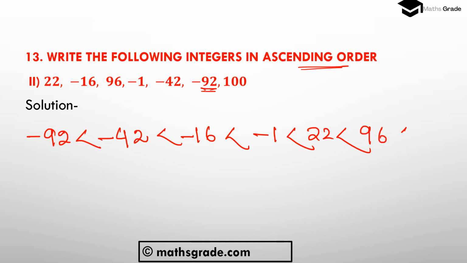Then 100 is the biggest or the largest positive integer. 1, 2, 3, 4, 5, 6, 7. So these are the arrangement of integers in ascending order, that is smallest to the biggest integers. So minus 92 is the smallest integer and 100 is the biggest integer.